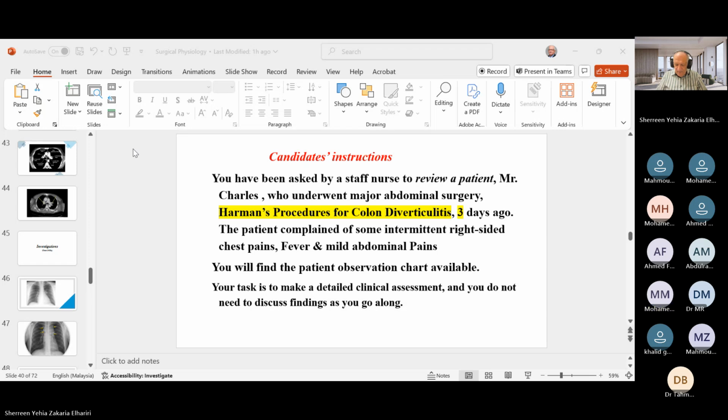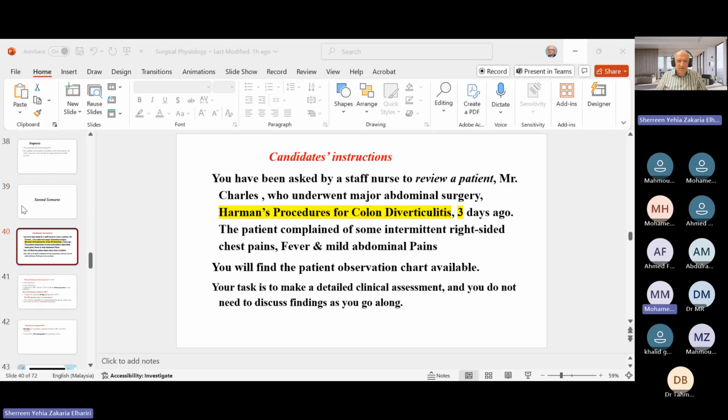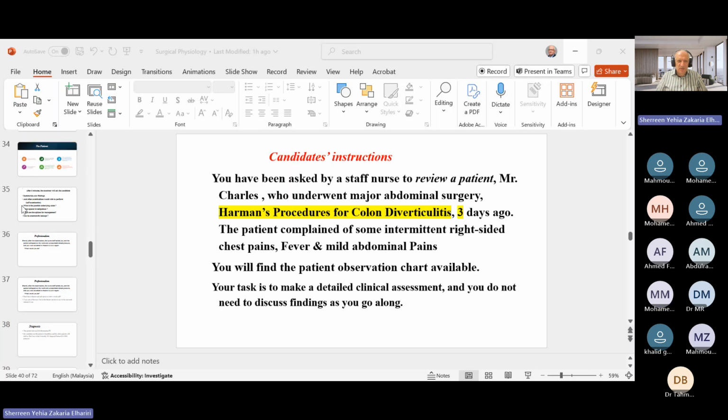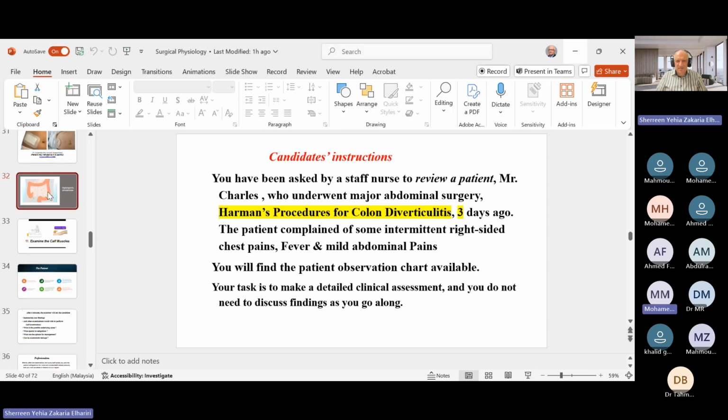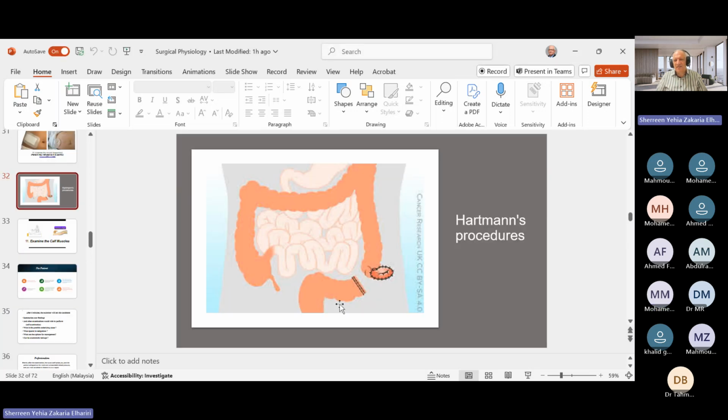So what is the operation done for this patient? Hartmann. Okay. Are you working in surgery, Dr. Ragab? Yes, I work in surgery. So you see this slide. You know Hartmann, we remove the area and put the 2 ends outside.